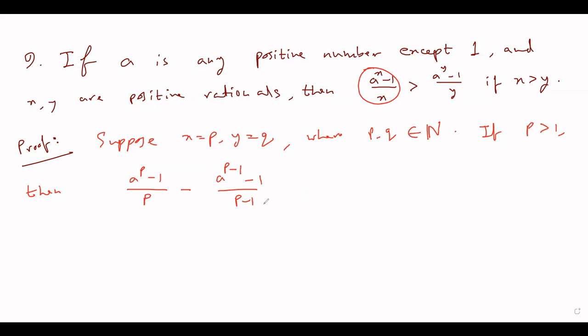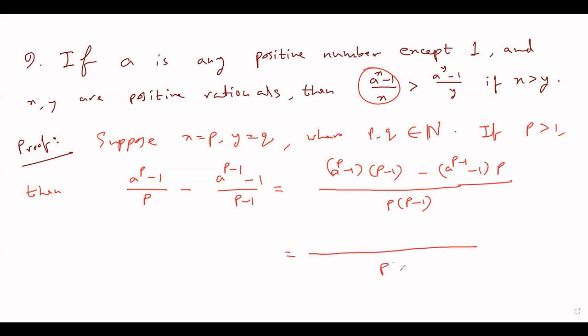Now, let's start with this and simplify the expression. The LCM is p times p minus 1. So we have a to the power p minus 1 times p minus a to the power p minus 1 minus 1 times p. Now we need to do some simplifications.